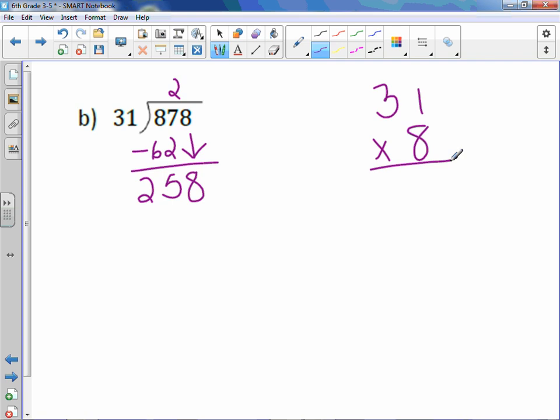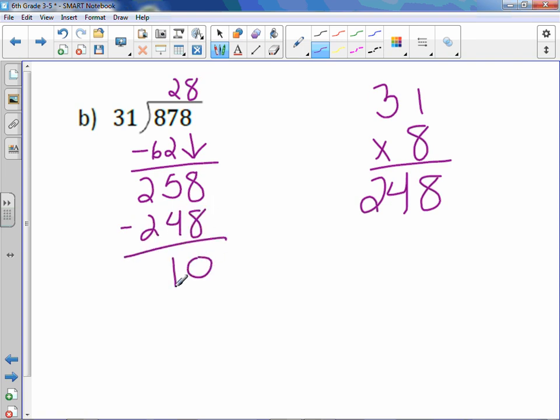Just use a best guess and pick something to multiply by. And if it's right, great. If not, try another number. So here we have 248, which looks like all we can do here. Minus 248, and you get 10. So our answer for B is 28, remainder 10.